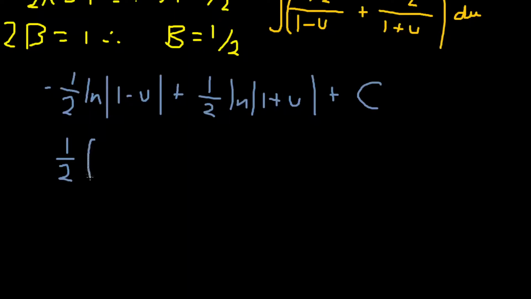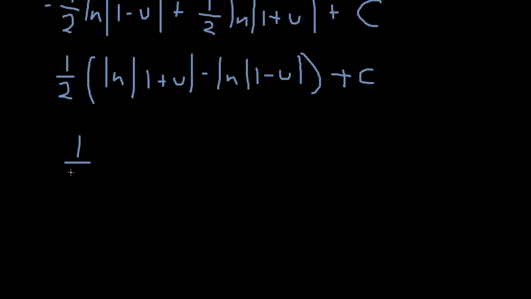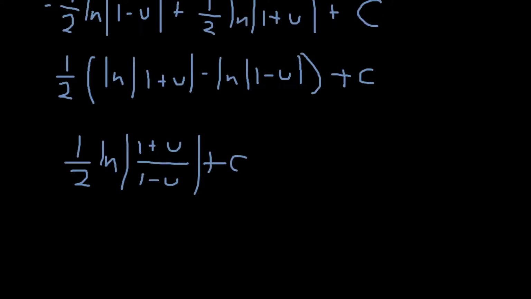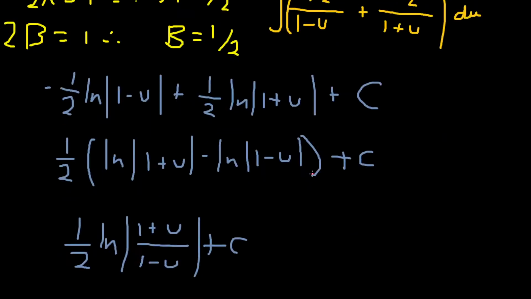We get 1 half times the natural log absolute value 1 plus u minus the natural log of the absolute value of 1 minus u plus c. We can use logarithmic properties to get the final answer of 1 half natural log of 1 plus u over 1 minus u plus c. We substitute back in the original u, which was sin x.